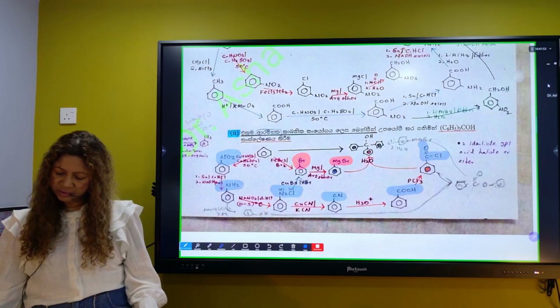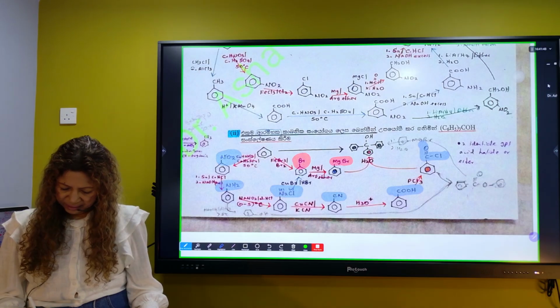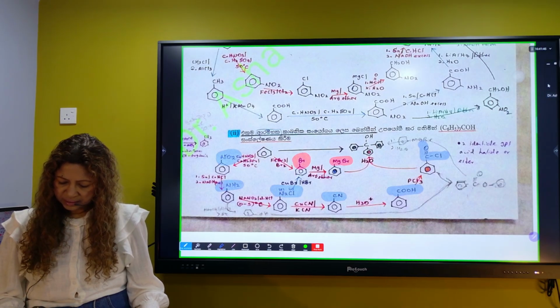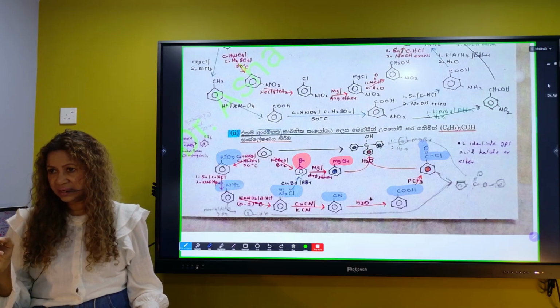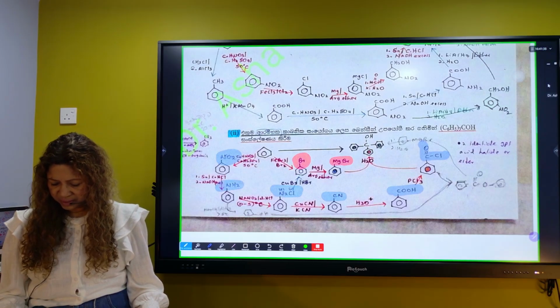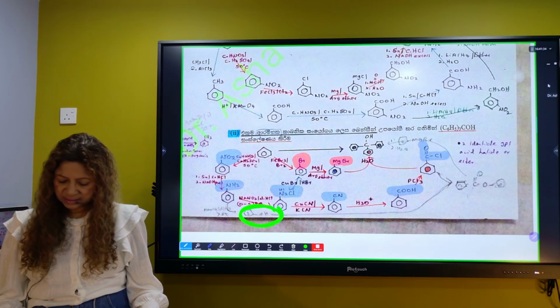Then you will add these two together. They just say that one single organic keyword you cannot use. They were not saying that. So even if you go like this, this is correct.